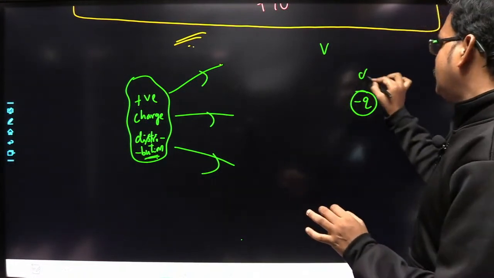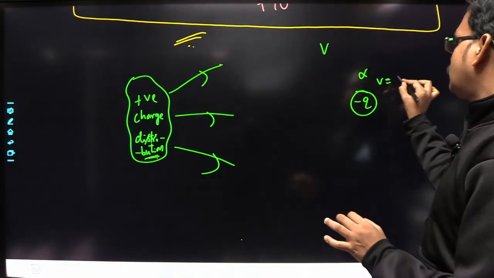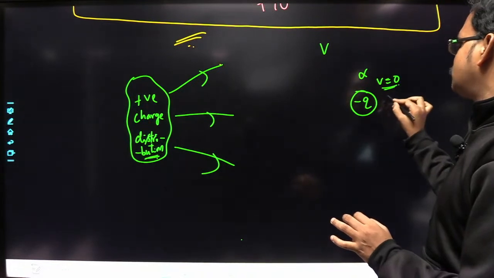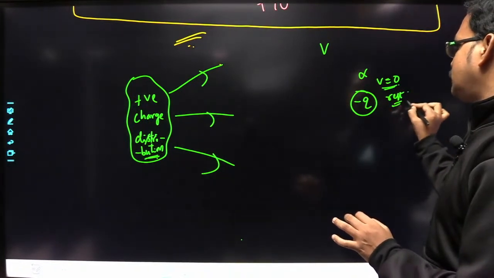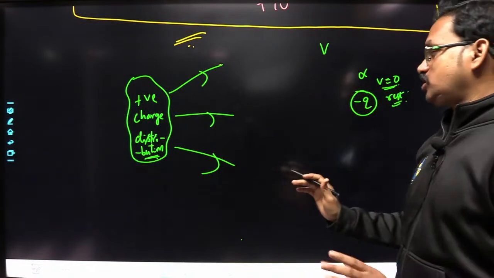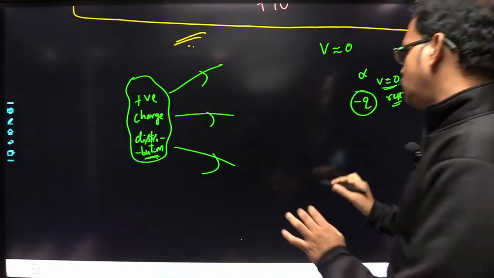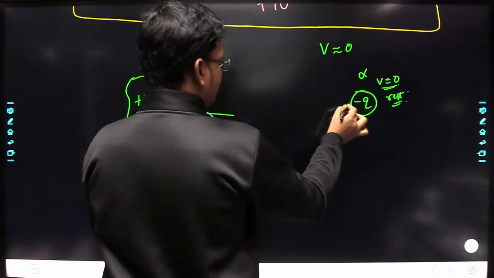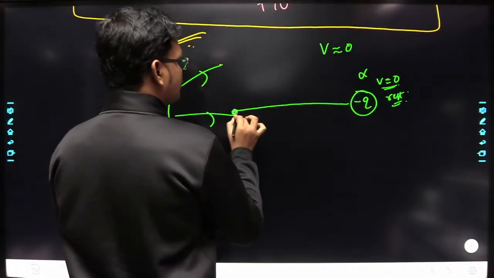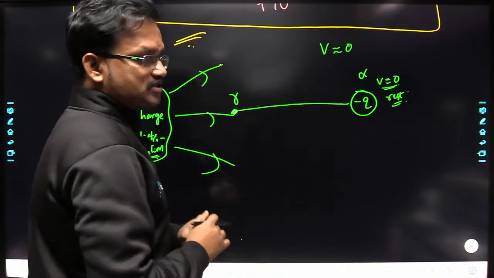Since at infinity the velocity is considered 0, that means it is at rest, so you have to maintain the velocity almost negligible, approximately equal to 0, while bringing the charge from infinity to some distance r.